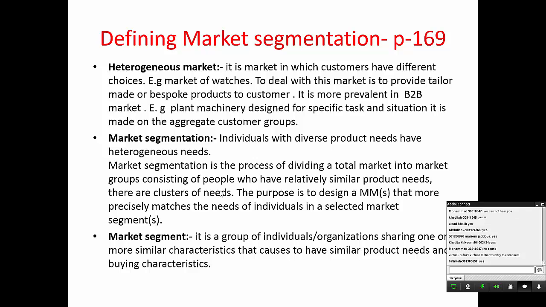Like for example, the children are drinking Coca-Cola, the teenagers drinking Coca-Cola, and the adults drinking Coca-Cola. All the different ages or different groups drink the same. That means Coca-Cola is not doing any market segmentation. So what do they use?